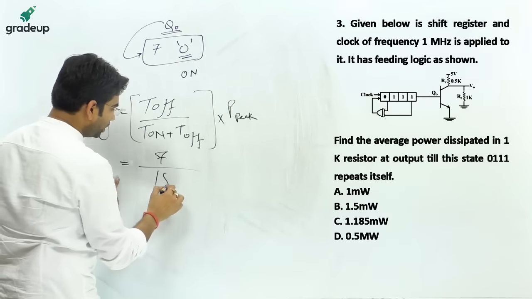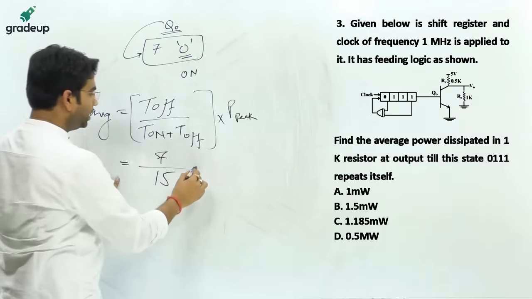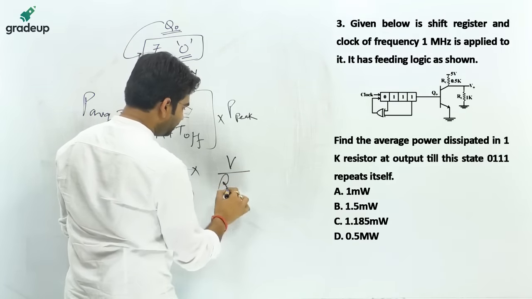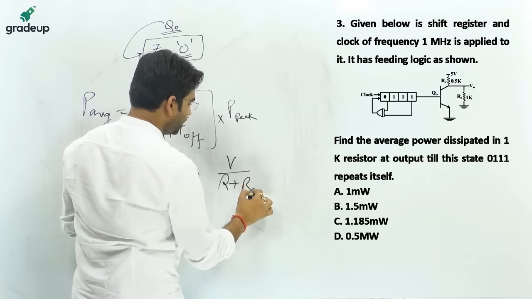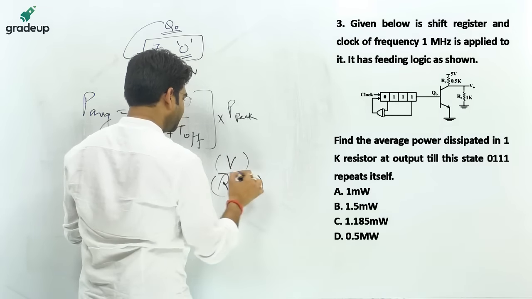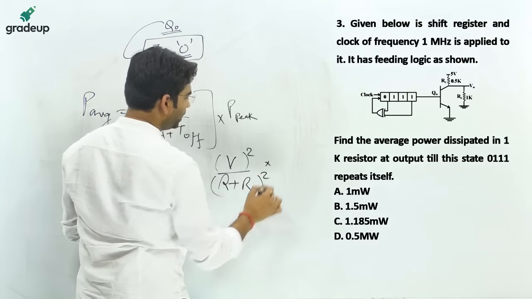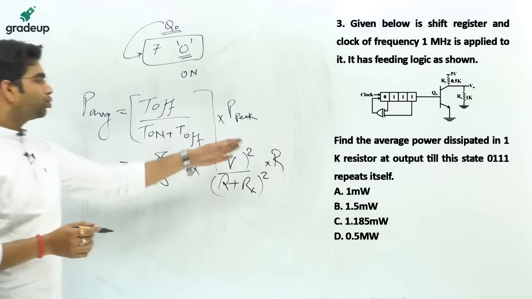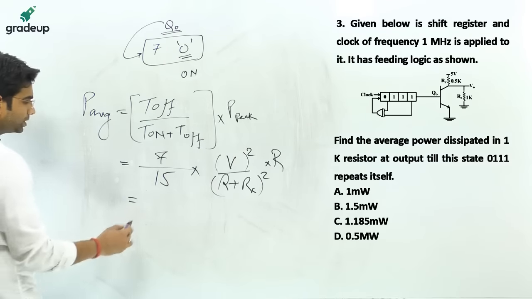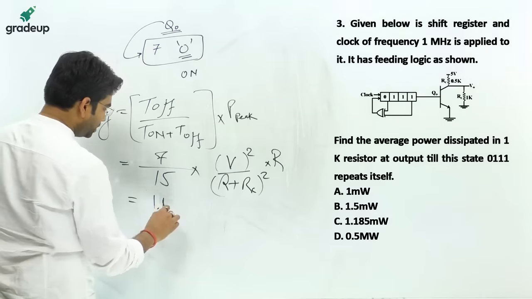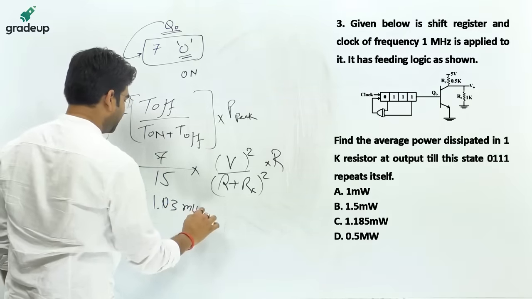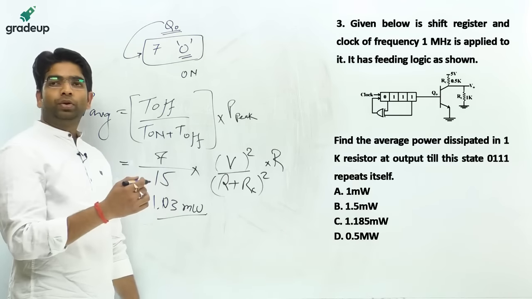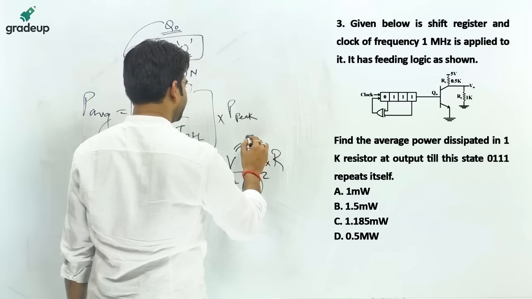T off was 7, the total was 15, into what was P peak? P peak was (V upon R plus RC) whole square into R, I square R. The answer you will be getting is 1.03 milliwatt approximately.